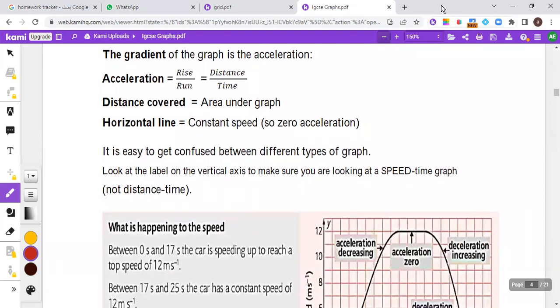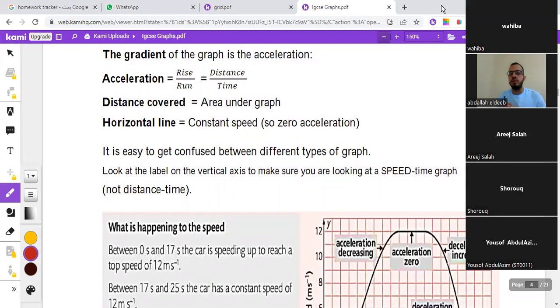Here we have a common question, which is the distance covered. And the distance covered is the area under the graph. Very important. The distance covered is what? The area under the graph. If the graph is like a rectangle, you find the area of the rectangle.